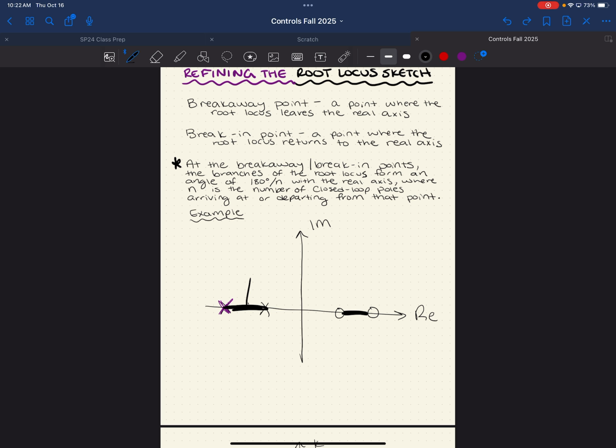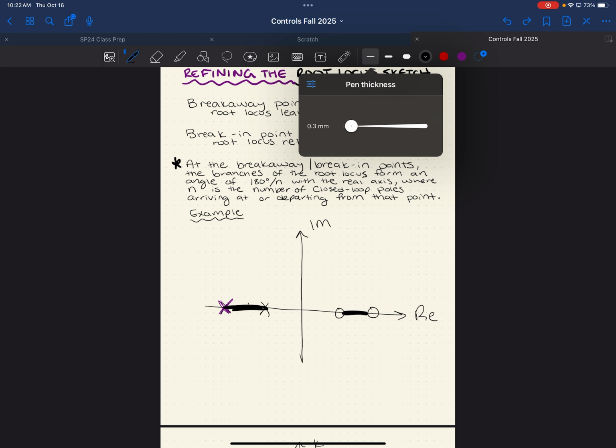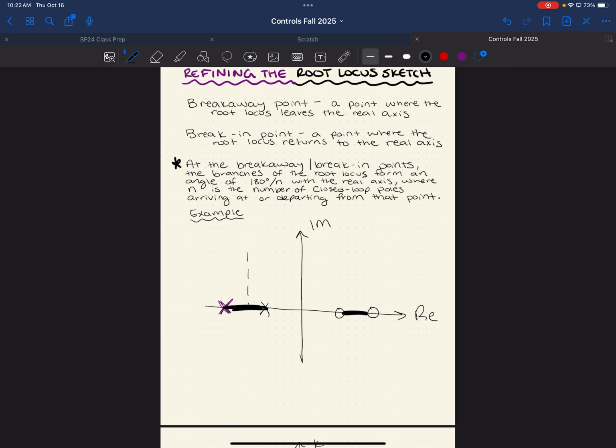They leave at 90 degrees because there are two branches leaving, and we divide our 180 degrees by 2. And then when I break in somewhere between these two zeros, what angle do I break in at? 90, right? Because I'm dividing that 180 degrees by the two branches that are coming in at the exact same point.